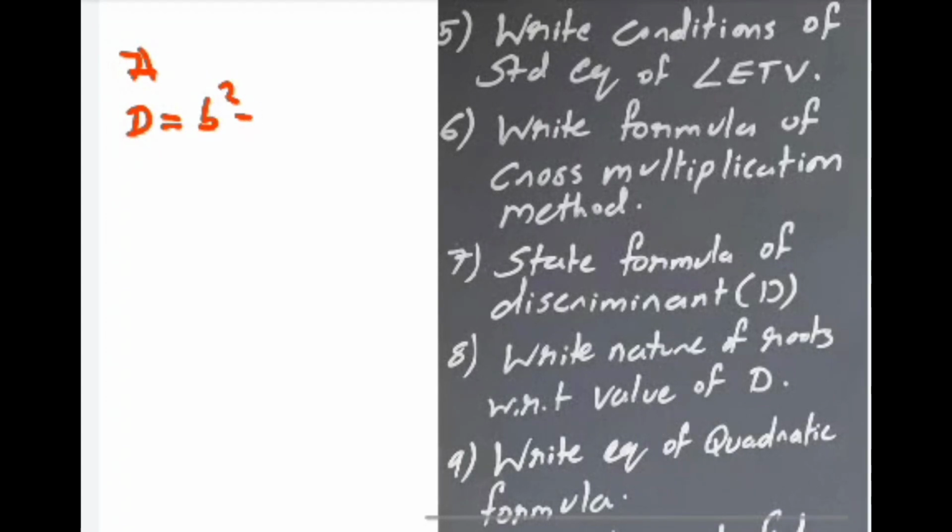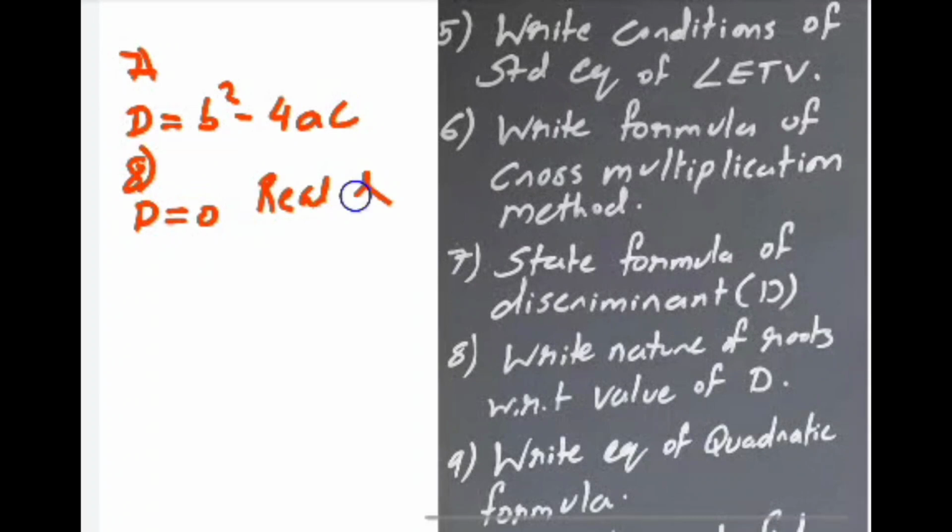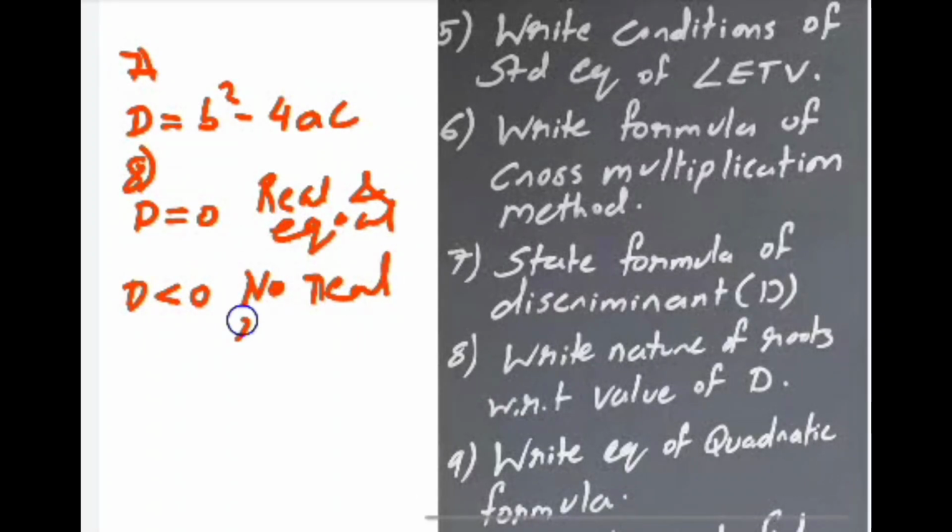b square minus 4ac. Okay, write nature of roots with respect to the value of d. So three cases are there. When d is equal to 0, roots will be real and equal. When d is less than 0, no real root exists.